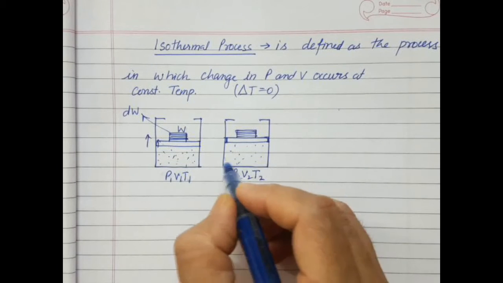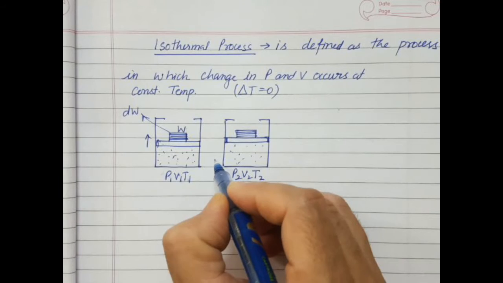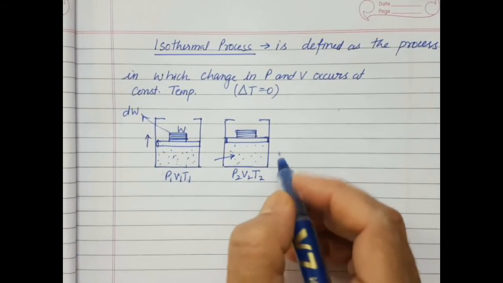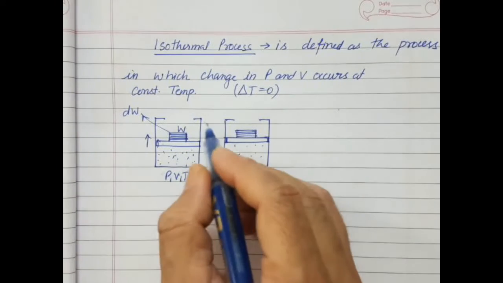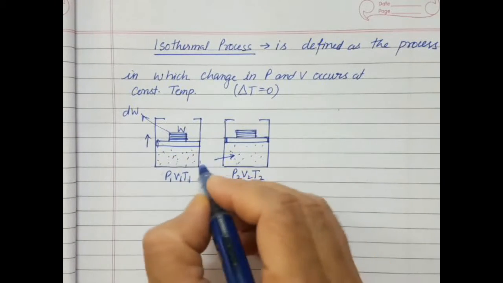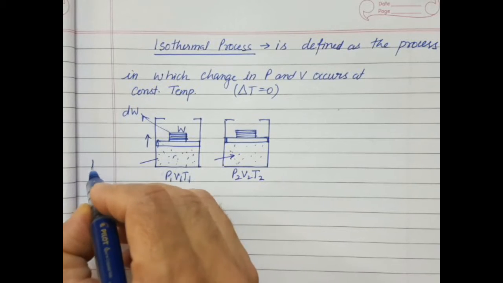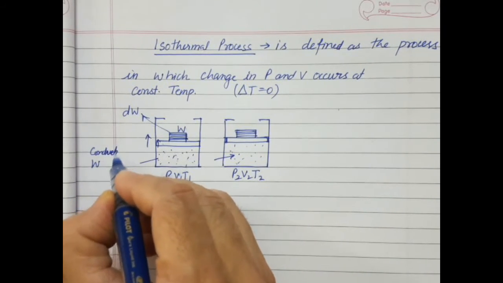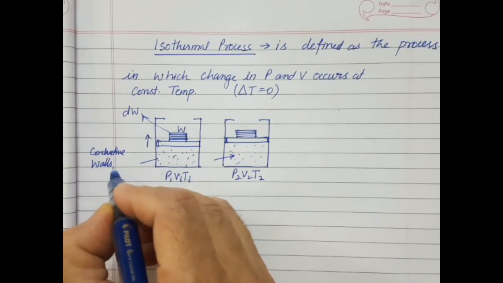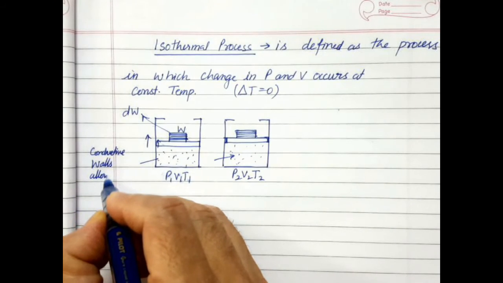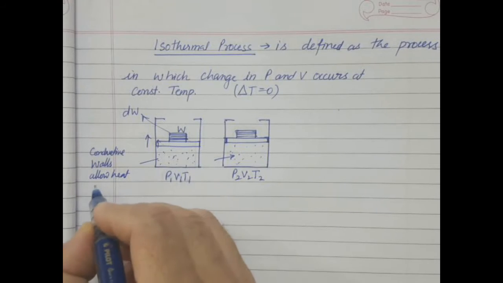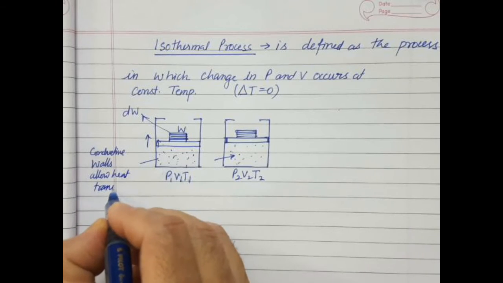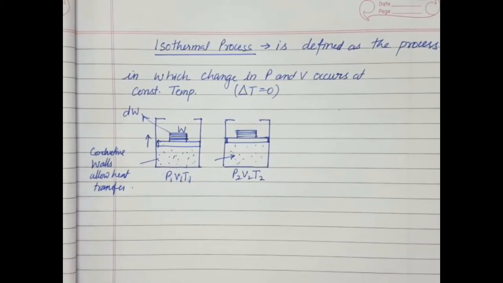So in order to compensate for the temperature, heat may come inside the system so that the temperature remains constant. So for this the walls should be very conductive. So you can write here: conductive walls allow heat transfer.